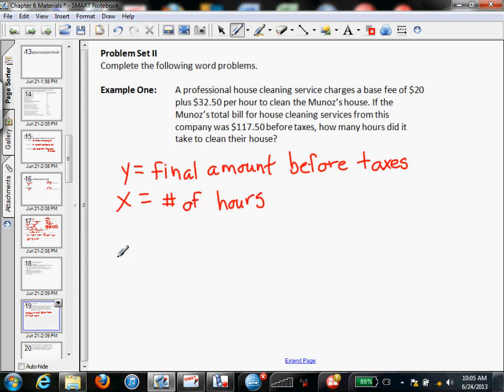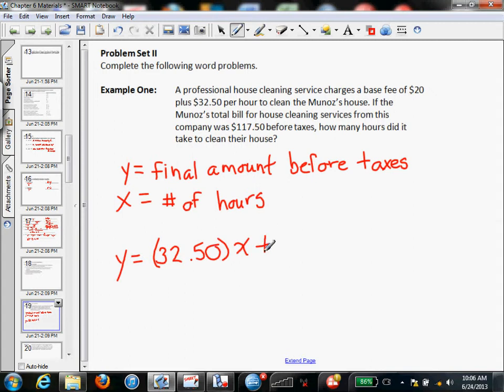Okay, and using what we just built, we can say that our final amount before taxes, or y, is going to equal 32.50 per hour, so we multiply it by the number of hours.